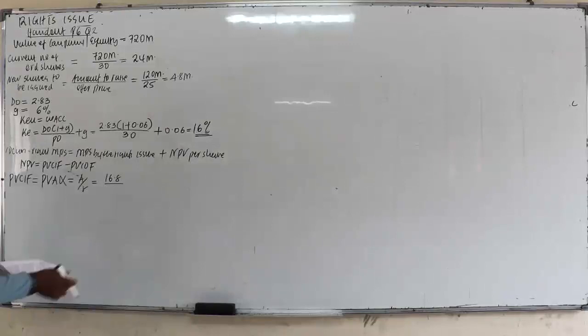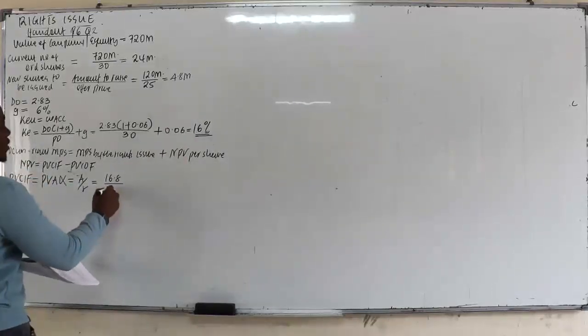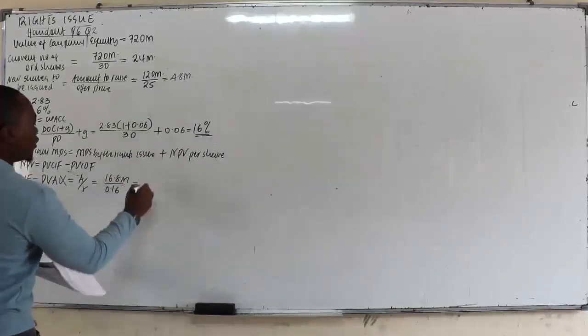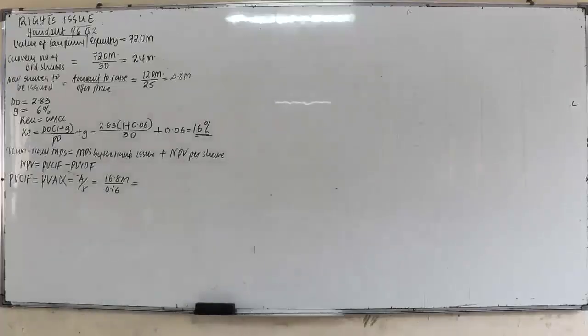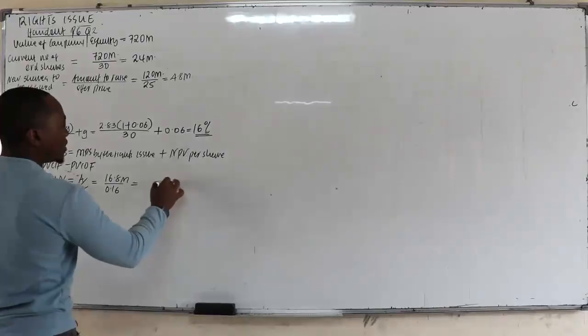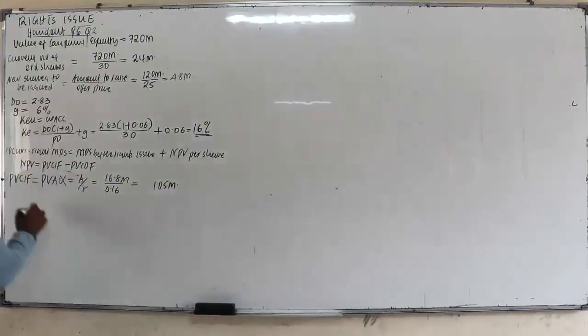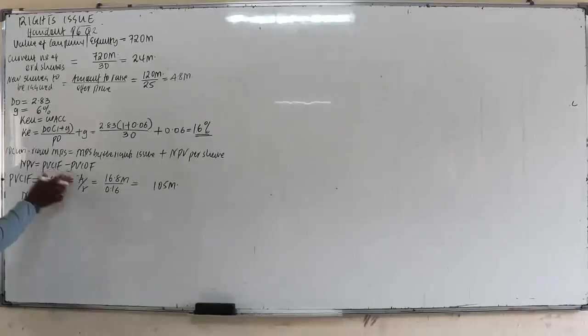We divide by R. R is the cost of capital, which is 16%. So how much will be the present value of cash inflows? 105 million. Good.